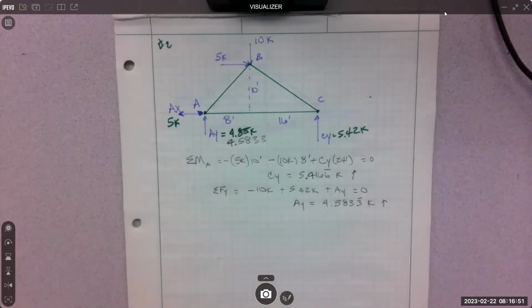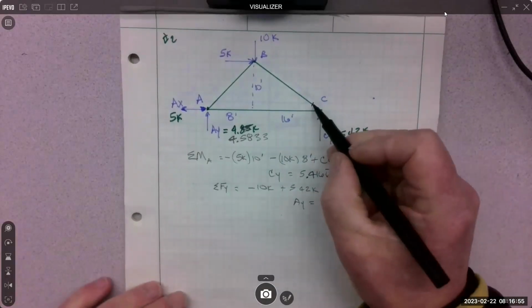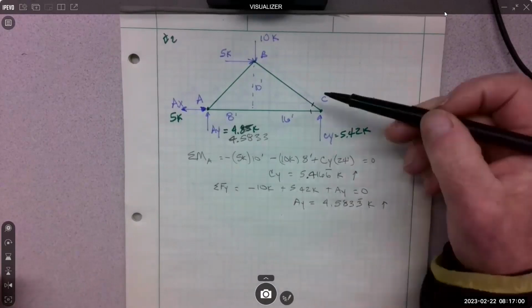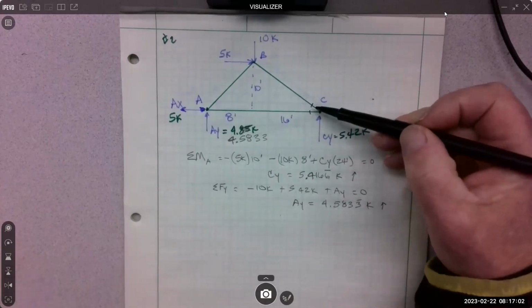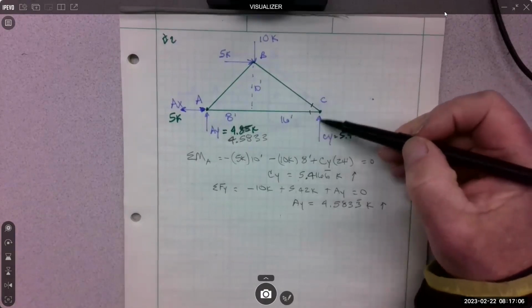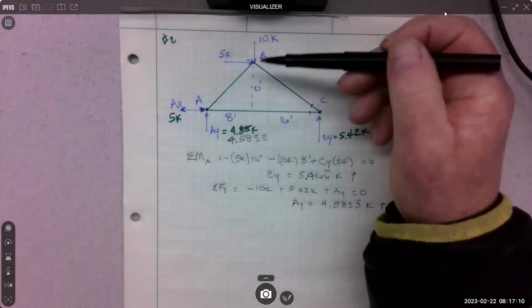This one's pretty easy. How many unknowns are here? How many? Two, right? There's two members and I don't know their force. That's what I mean when I say unknowns. I know this, right? So I know one, but there's two unknowns. What about up here?